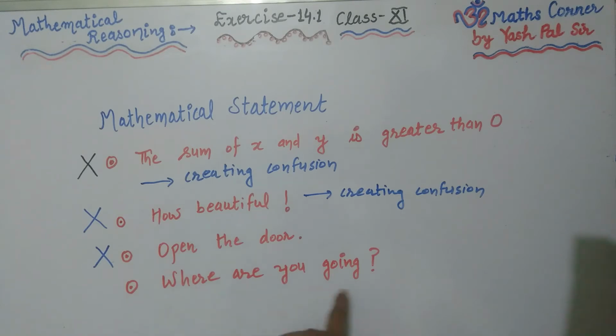What is this? This is again a question, meaning we cannot say yes or no. If we are unable to reply yes or no immediately, then that English sentence is not a mathematical statement. So this is also not a statement.